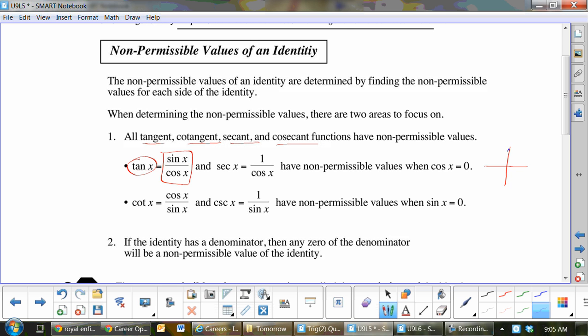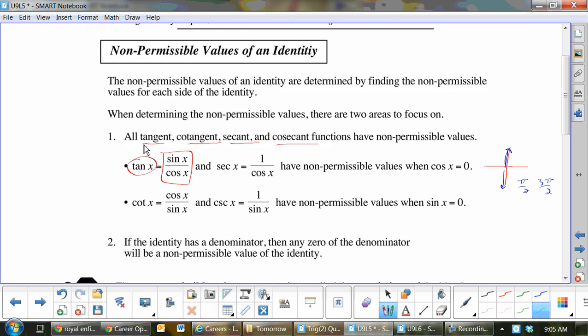Right, so pi over 2 and 3 pi over 2. At those points, tan doesn't exist, aka undefined. So undefineds are not good. And what makes them undefined is non-permissible values.